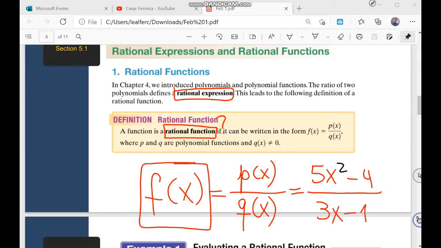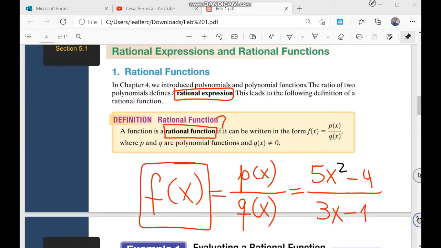Okay, so we know what a rational expression is and what a rational function is. Let's check how to evaluate and find the domain of rational functions. We will start with very simple, easy examples because we are starting a new chapter.